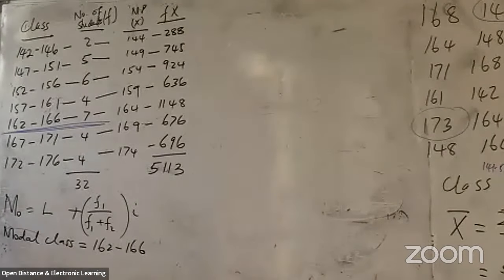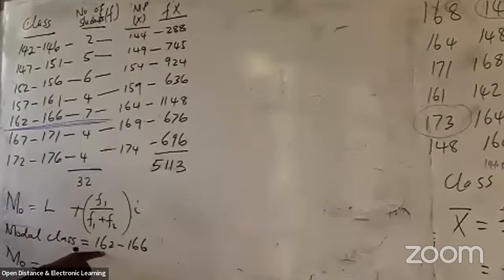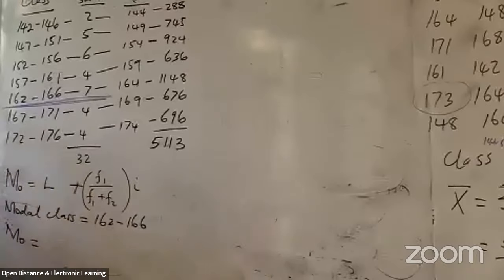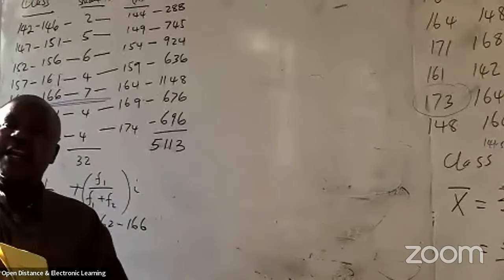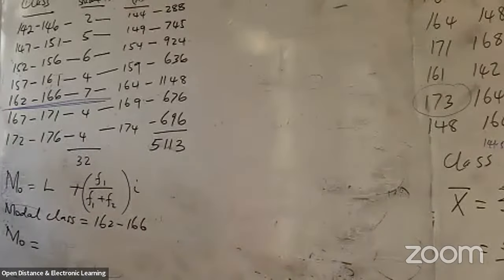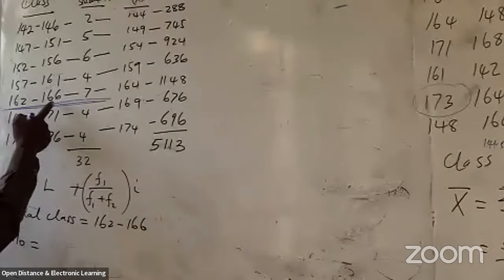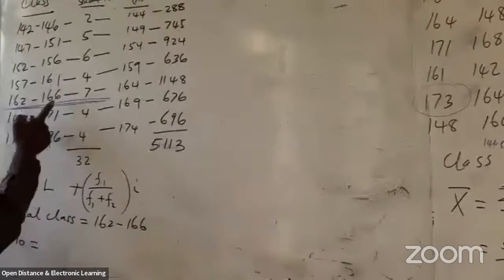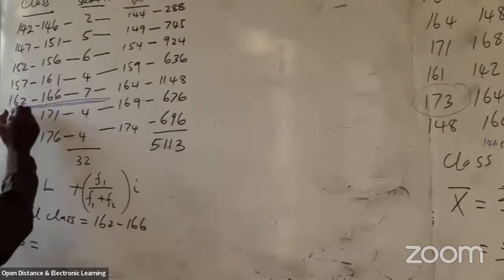If we substitute, what is the lower class boundary? How do we determine the lower class boundary? Recall from what we did last week. 161.5. 162 to 167. Where do we get the boundary? We average these two.